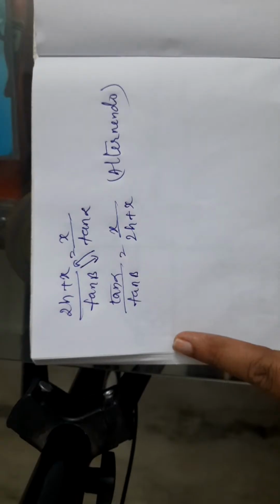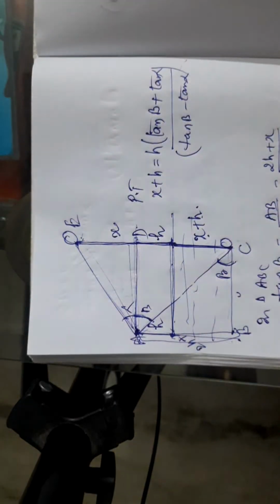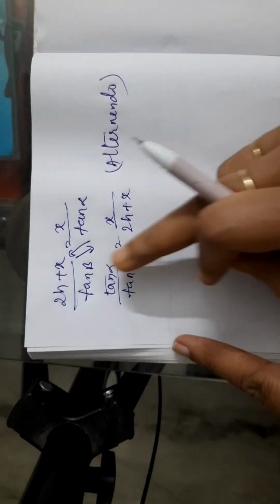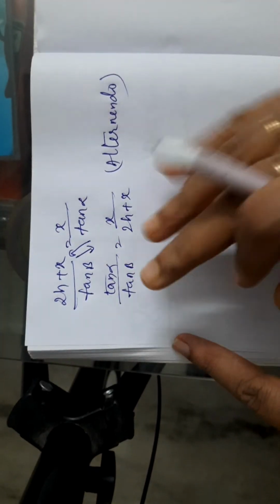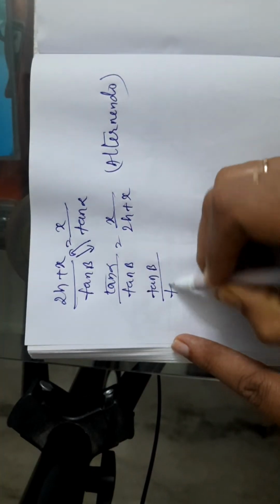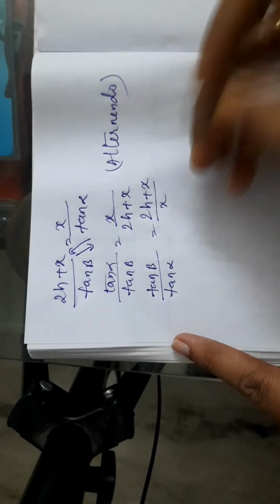Now coming to the next step. In the question, it is given tan beta minus tan alpha, but here we have tan alpha upon tan beta. Again, we'll take the reciprocal. So tan beta upon tan alpha is equal to 2h plus x upon x.